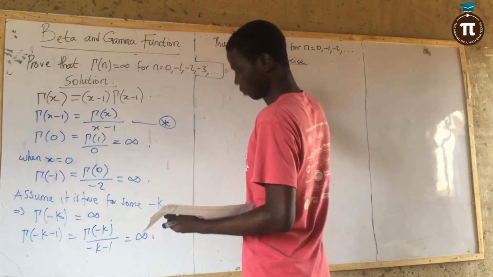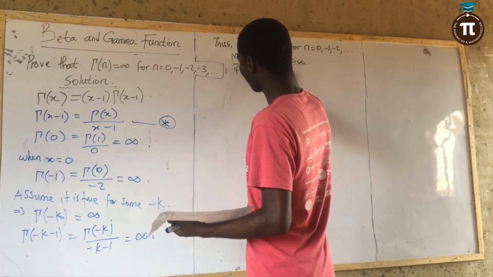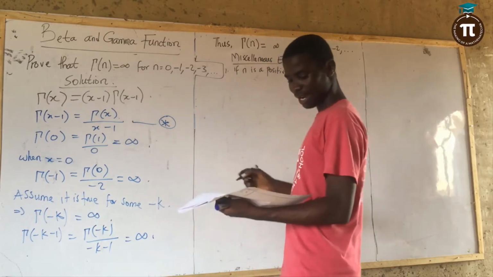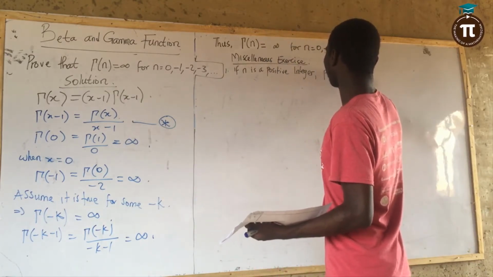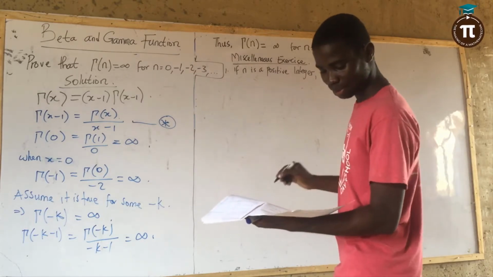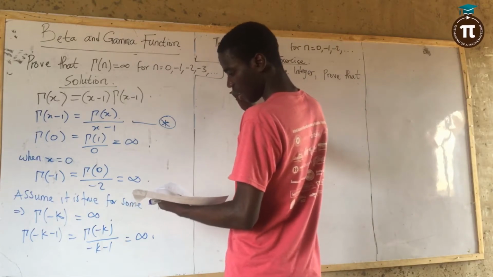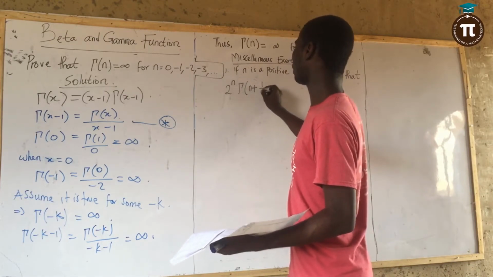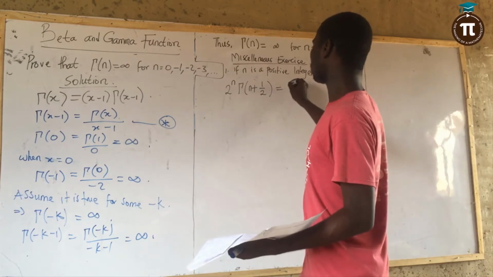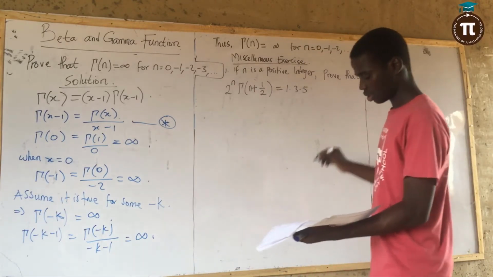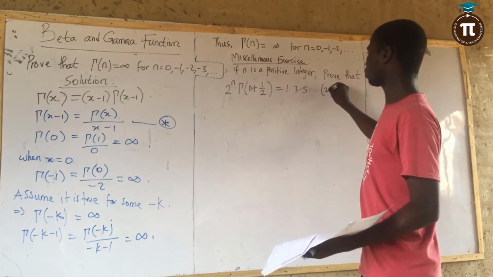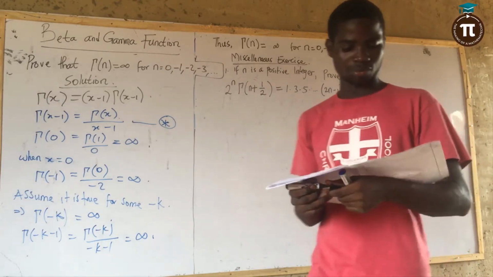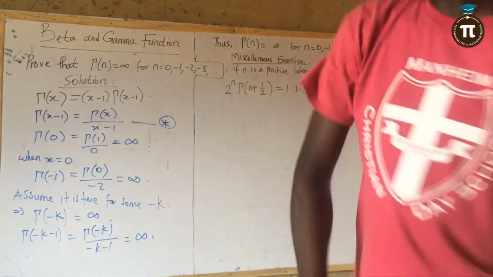Number 1 says if n is a positive integer, prove that 2 raised to power n gamma of (n plus 1 over 2) is equal to 1.3.5 till you get to (2n minus 1) root pi. That is the first thing we want to do.